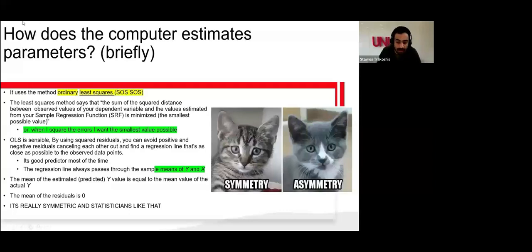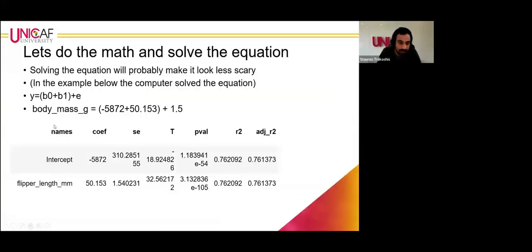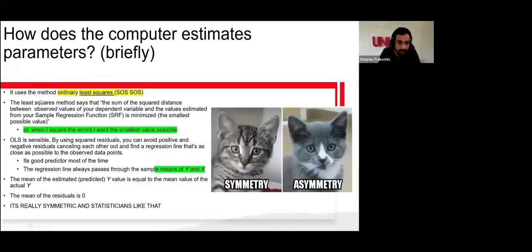So how do I get these numbers here? I get these numbers by a method called ordinary least squares. Ordinary least squares is a method that tries to minimize the errors.